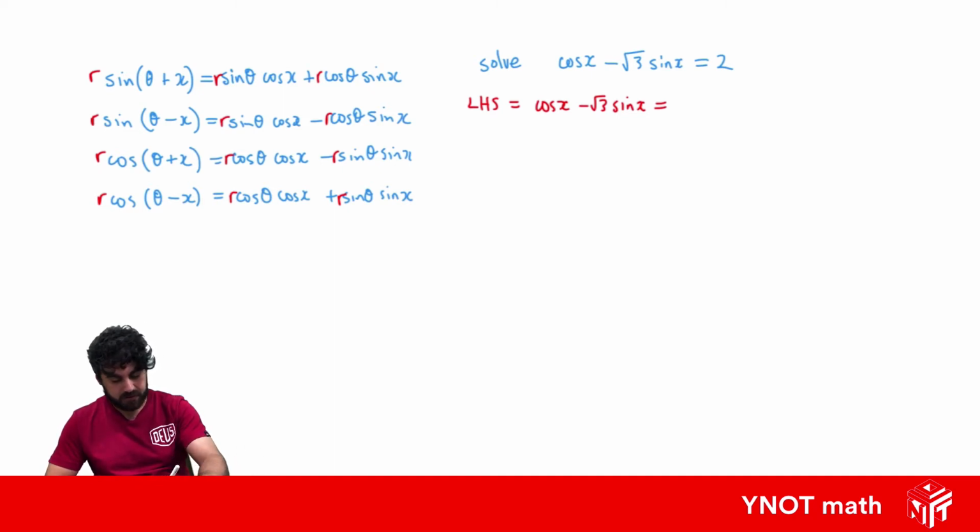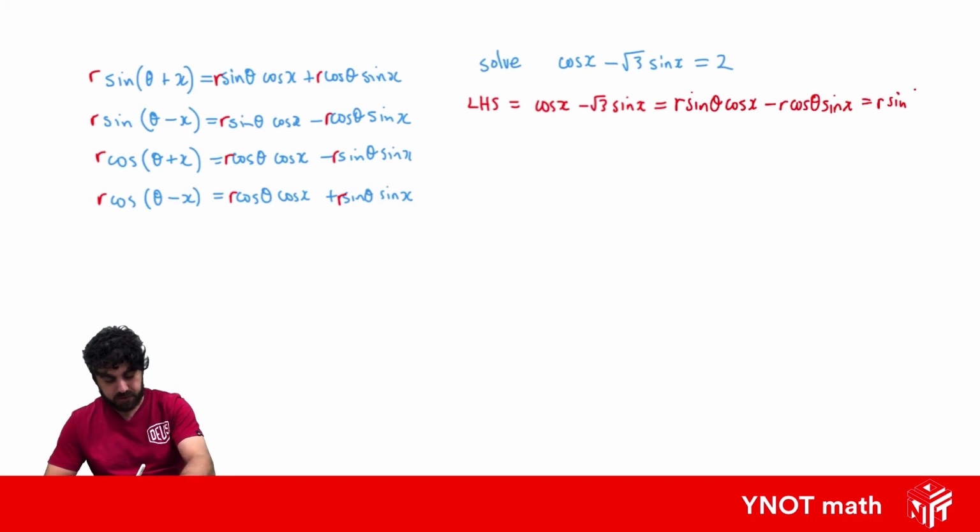Now, I'm going to write the right-hand side of the second one. So it's going to equal r sine theta cos x minus r cos theta sine x, which also equals r sine of theta minus x. Now, we want to equate coefficients.